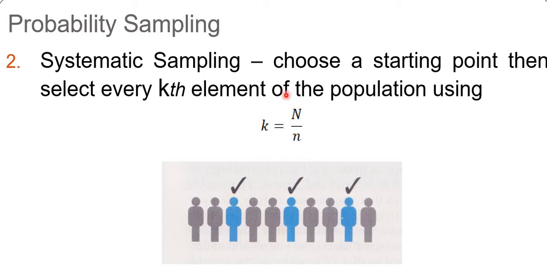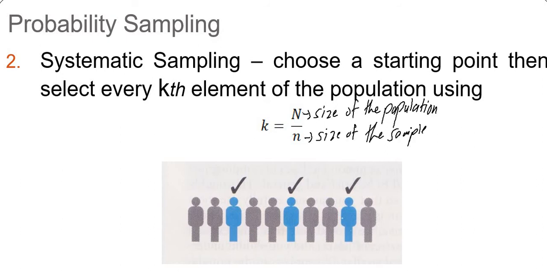This time we have a formula to follow. That capital letter N, or big N, is the size of the population. When I say size of the population, I mean the number of units in the population. And small n would be our size of the sample, the number of units in the sample.